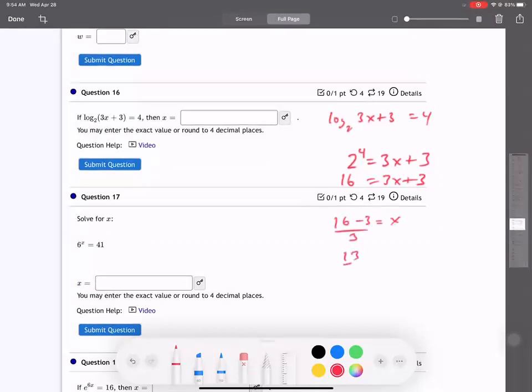So it's 13 over 3, which is approximately 4.333. So what happens is we're going to use our identity, rewrite this as an exponent because 2 to the 4th, I can solve that. And the x is no longer inside the log, which is hard to get to.